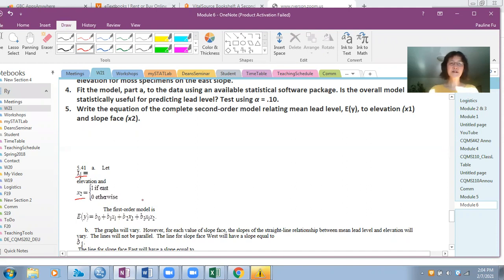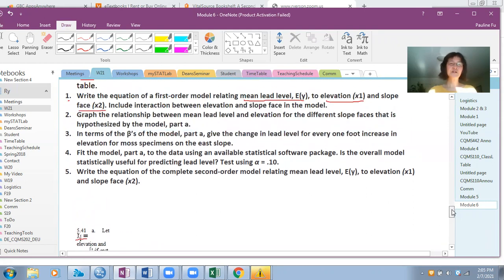Because x1 interacts with x2, the first model is E(Y) equal to B0 plus B1 x1 plus B2 x2 plus B3 x1 times x2. Okay, so this part is the main effect, and this part is the interaction effect. So that is question 1. Write down the model. Okay.